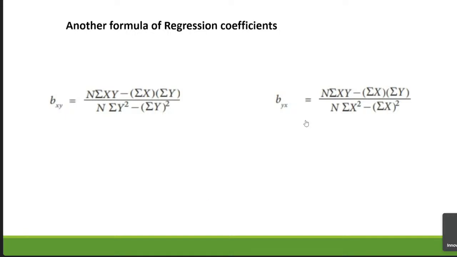Before starting the example, I told you already that there is another formula of bxy and byx if a data set is given to you, basically a large data set or some bivariate data, x and y values. You should apply these two formulas for that. The bxy is this one and byx is this one. Now let's go to the example.